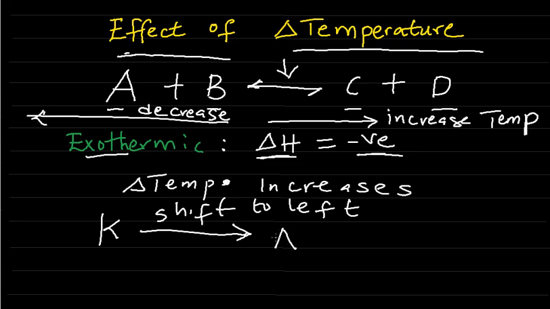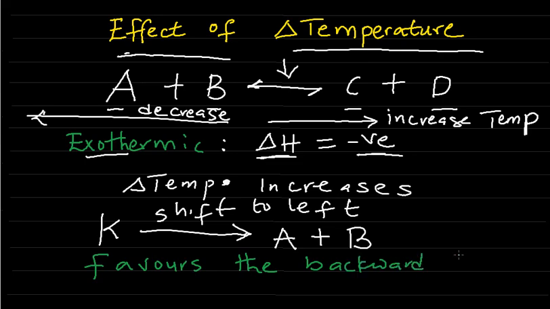The equilibrium is going to shift in the direction of the reactant, so it will favor the backward reaction. Either you say the equilibrium shifts to the left, or it shifts in the direction that favors the backward reaction. So that is more production of the reactant.